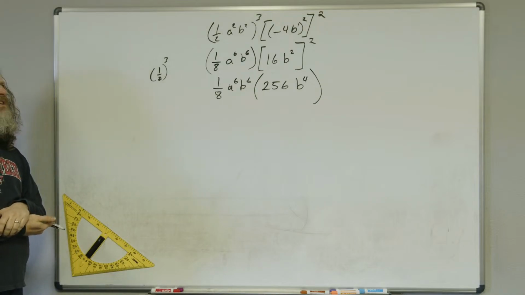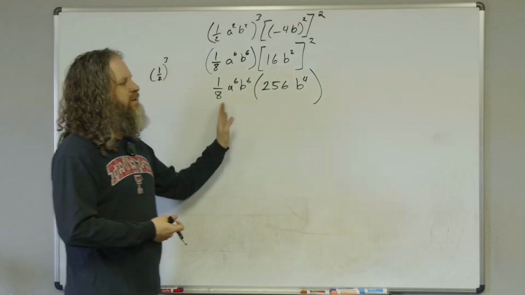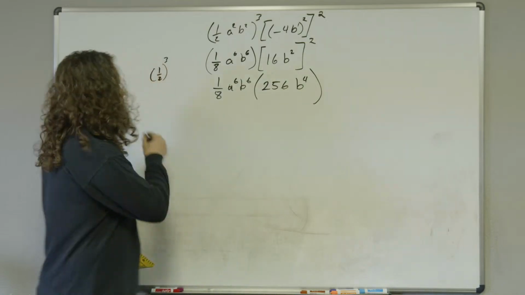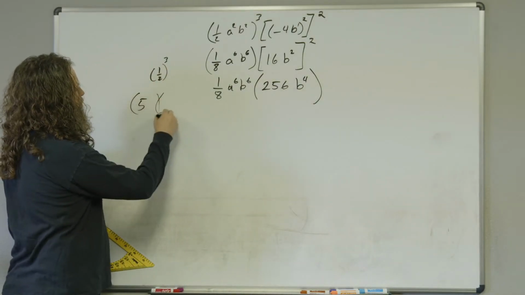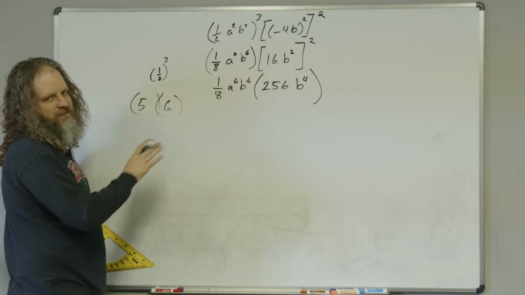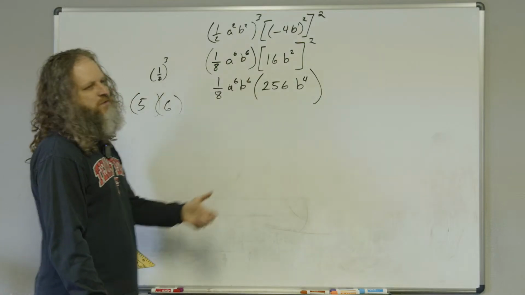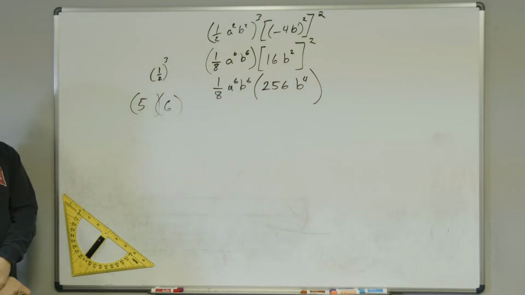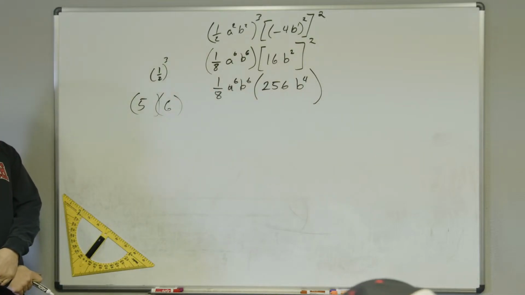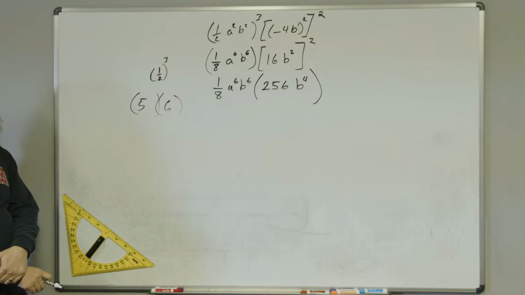Well, not really distribute, right? There's no plus. It's just multiplication, right? These parentheses are being used like that. Same idea, right? So what do we do with 1/8 and the 256? Multiply them. What's 1/8 times 256?